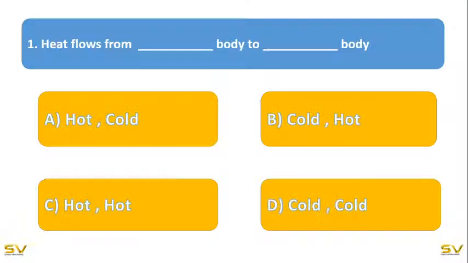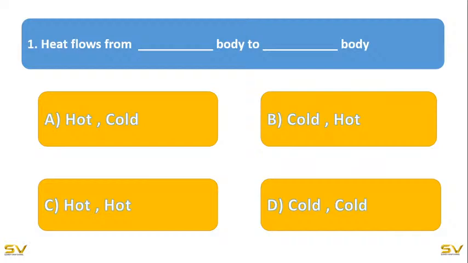So heat flows from dash body to dash body. Is it option A, hot body to cold body, or cold body to hot body, or hot body to hot body, or cold body to cold body? Yes, I got answers from Ravindra, hot body to hot body, even Rihan, Sai Lakshmi.